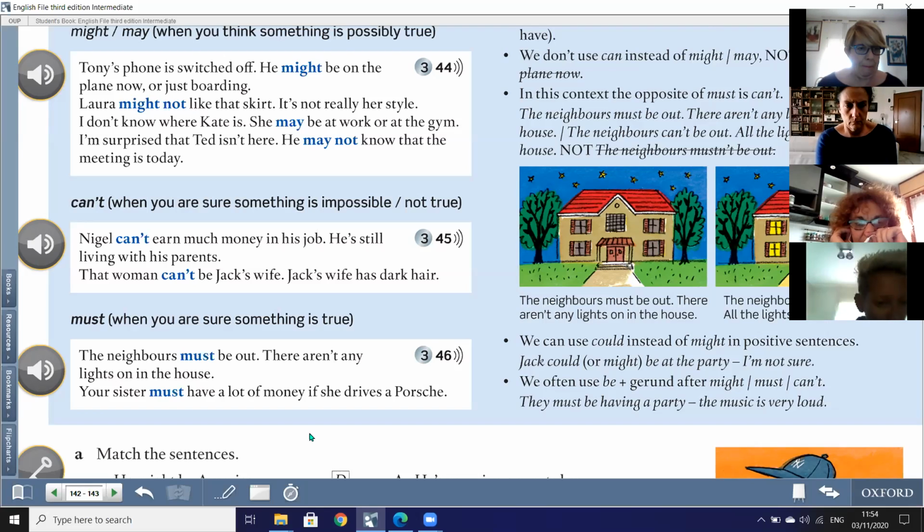Your sister must have a lot of money if she drives a Porsche. Okay, it's the same as here, but here I'm expressing with can't. Here I express with must. Non può essere, deve essere così. It's the same. I mean, the idea is the same. Okay?